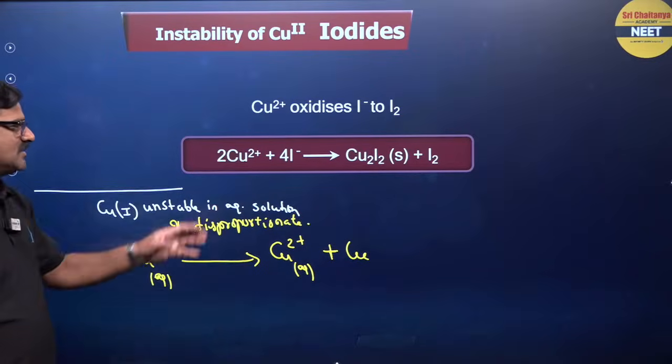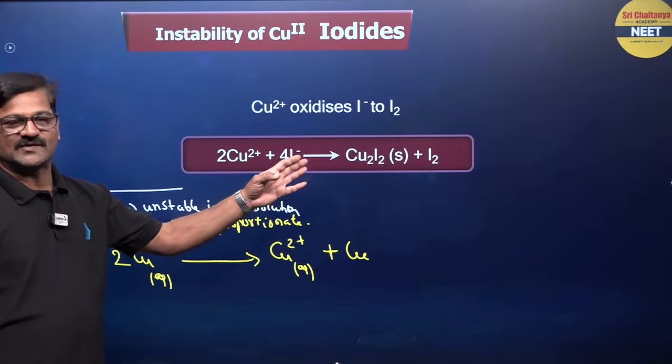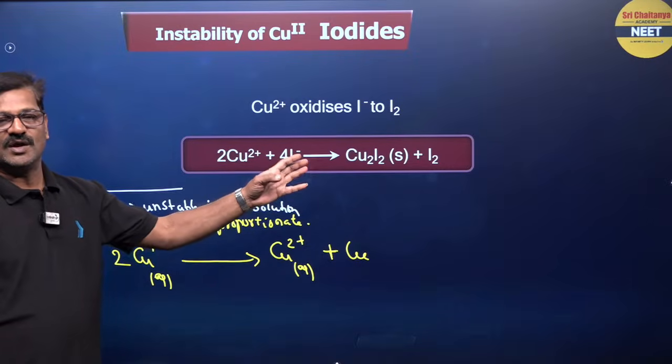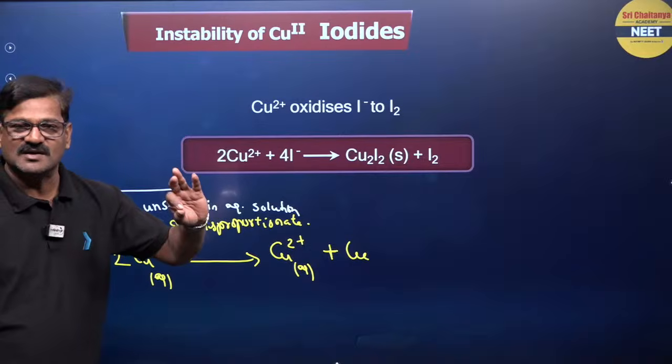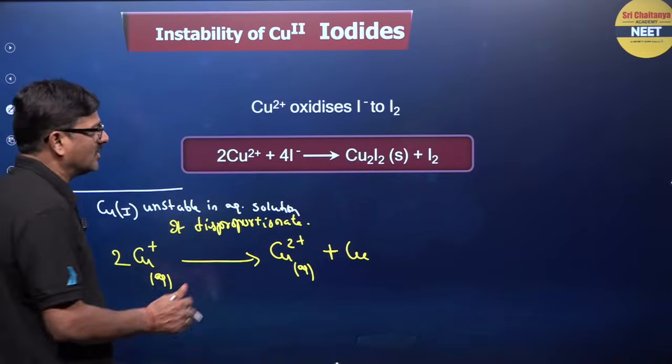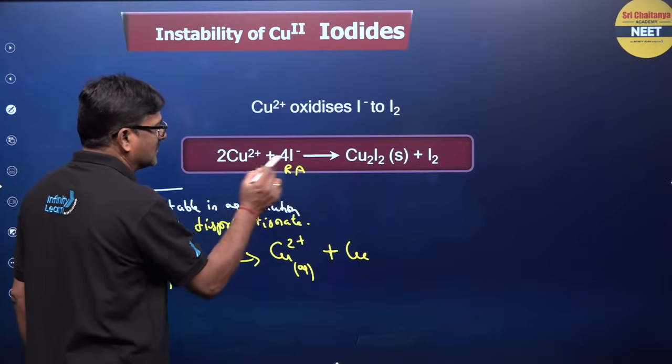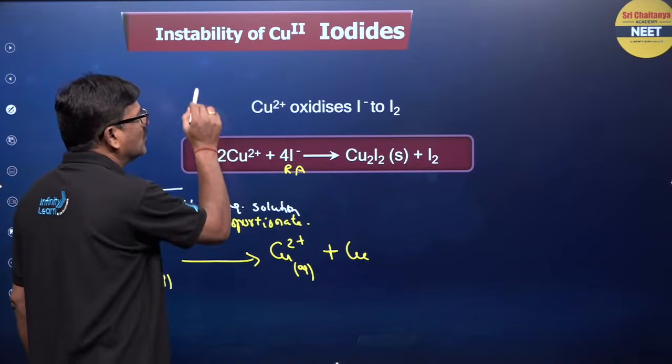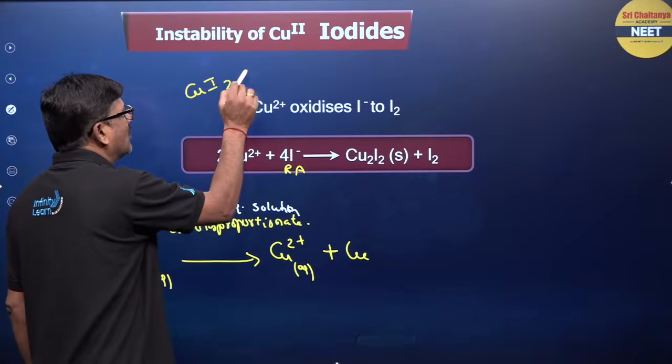While copper 2 plus and I minus react to give us Cu2I2 plus I2, because iodide is a strong reducing agent. That is the reason why CuI2 is not stable.